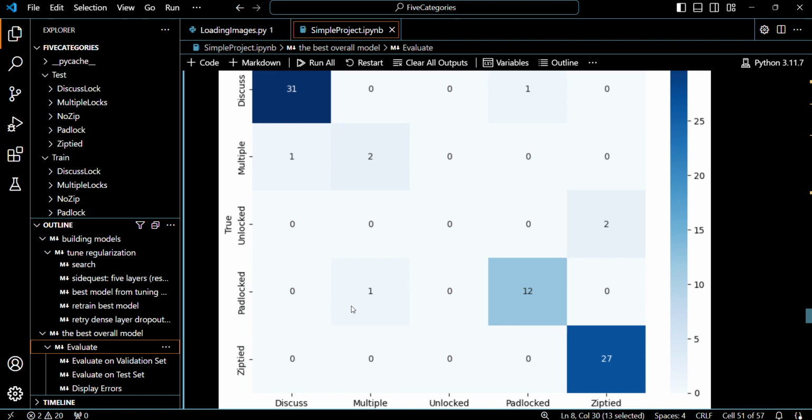Every locked unit was recognized in one way or another as a locked unit. So, if you just look at this model from a perspective of locked or not, perfect. It is absolutely perfect.